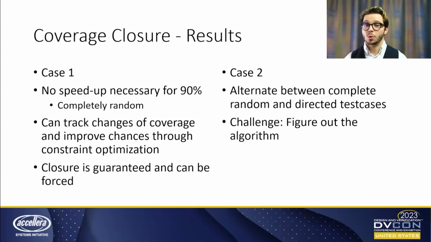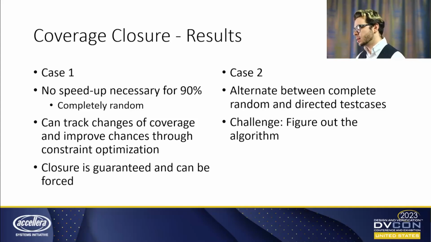But when you go above 90%, when there are a lot of things that have already been hit, here is when you have to make sure that the coverage is converging. Because in our case, you run, let's say, 3 regressions, you get a very good coverage, but you run 30 more and it doesn't improve that much, because that is the problem when you have such a huge randomization space and a very big cross.